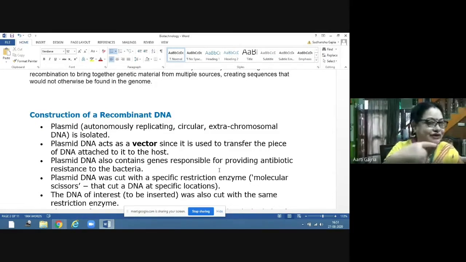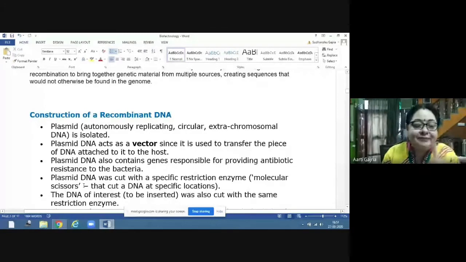So this was the first recombinant DNA which was created in the laboratory. And this was done by Stanley Cohen and Herbert Boyer in 1972. So plasmid DNA contains genes which are responsible for providing antibiotic resistance to the bacteria.